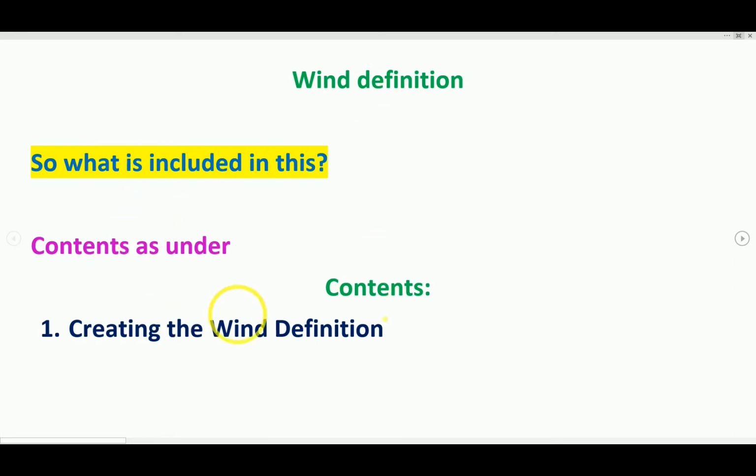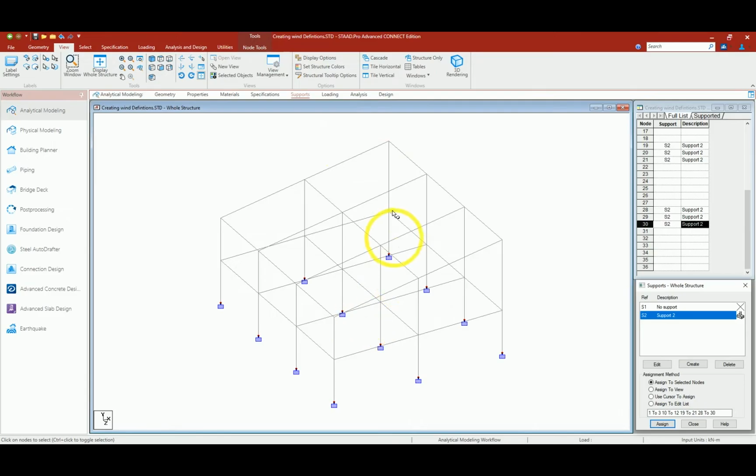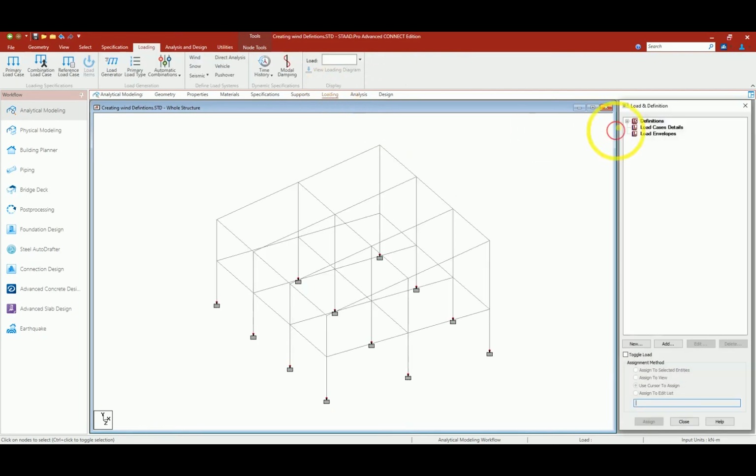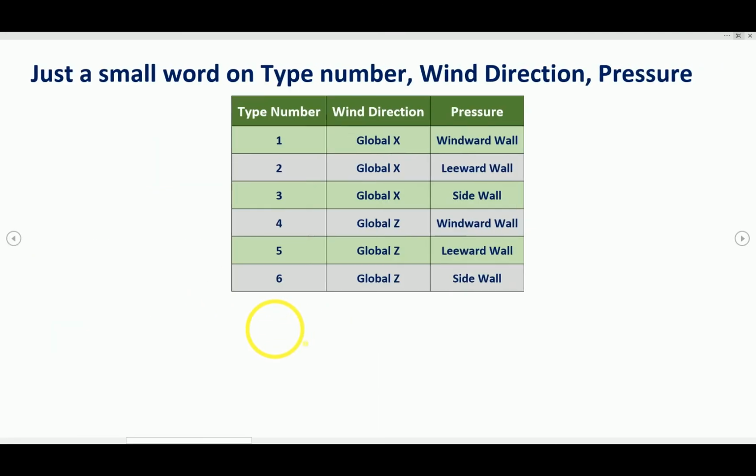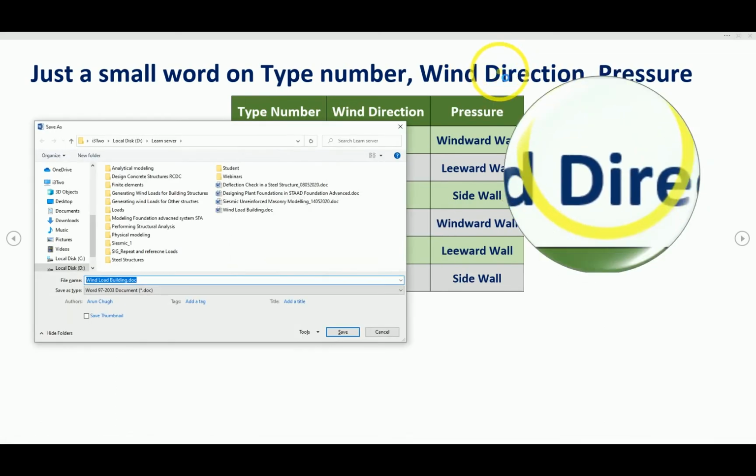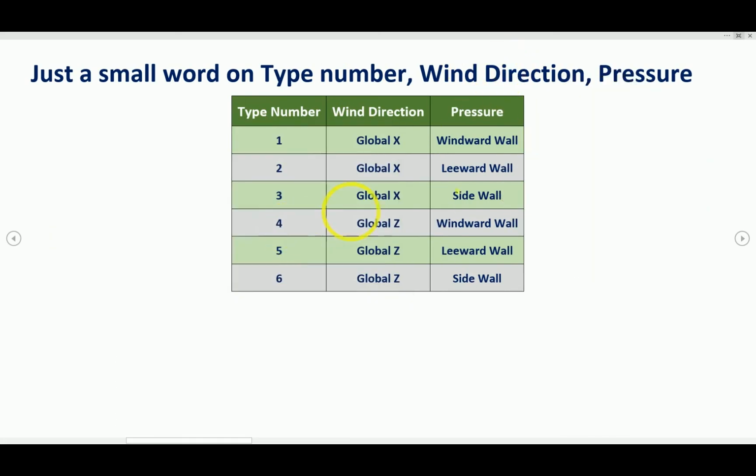Under definitions, so in the STAAD we will have to apply the type number, the wind directions, and the pressure. So when the wind is blowing in X direction, we will have three faces of building.